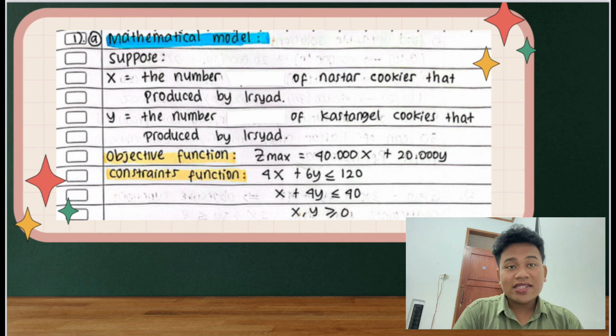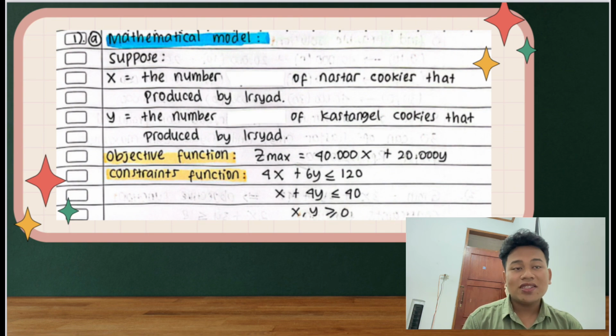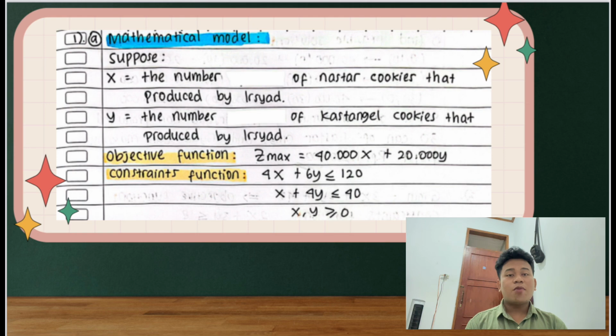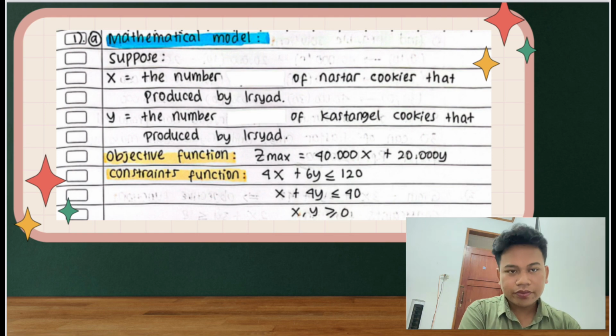Then we find the constraint function, namely 4x plus 6y less than or equal to 120 and x plus 4y less than or equal to 40, and x, y more than or equal to 0.